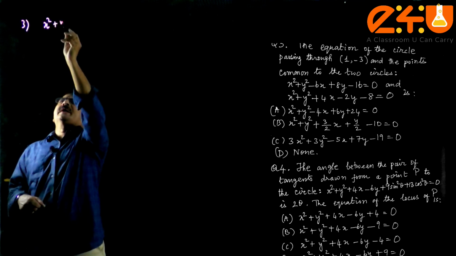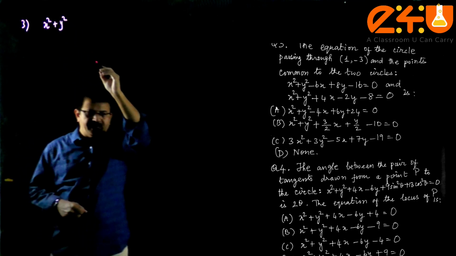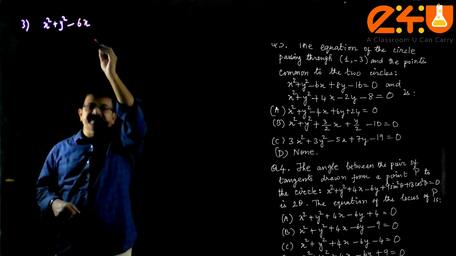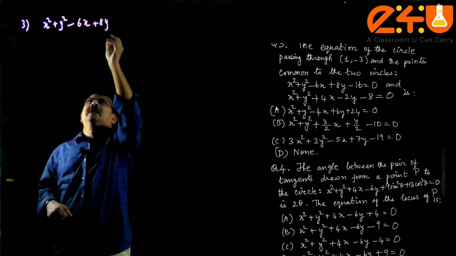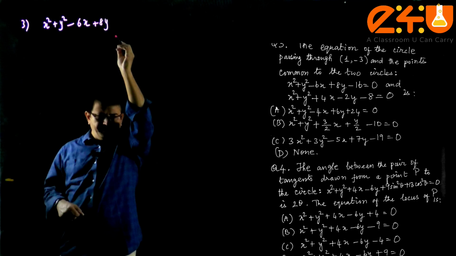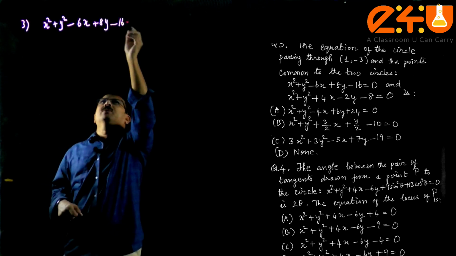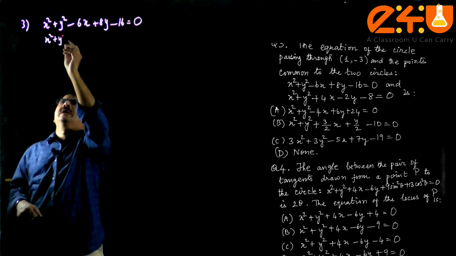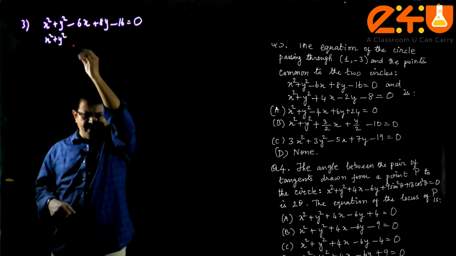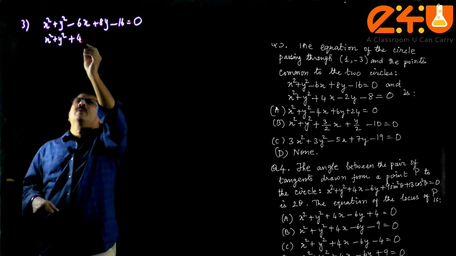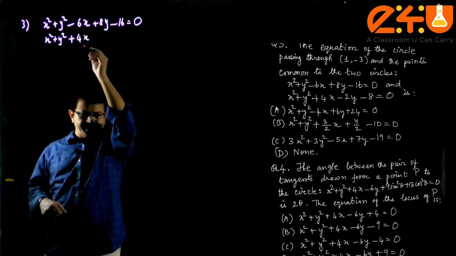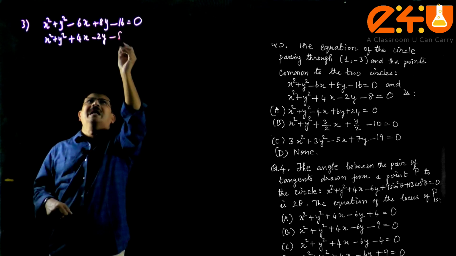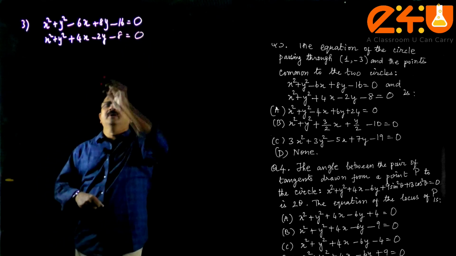But given the circle equations: x squared plus y squared minus 6x plus 8y minus 16 equals 0. The other circle given is x squared plus y squared plus 4x minus 2y minus 8 is 0.